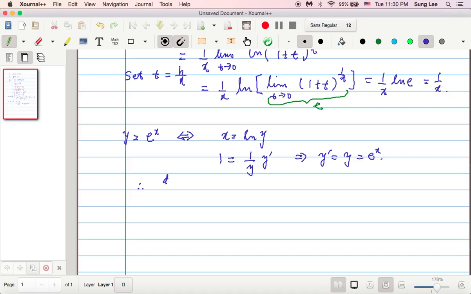So we just derived that the derivative of e to the x with respect to x is e to the x.